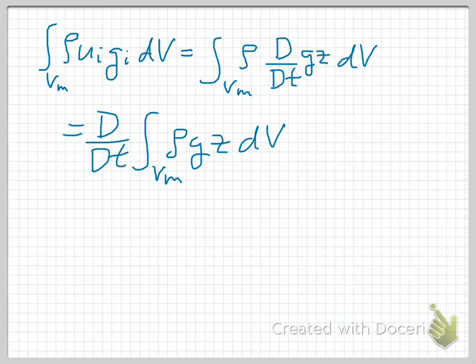And look what we have here. We've got the potential energy of our fluid parcel, right? The potential energy of a solid object is mass times g times height, and now we've got mass per unit volume, g, height, integrated over the volume. So this is nothing but potential energy.